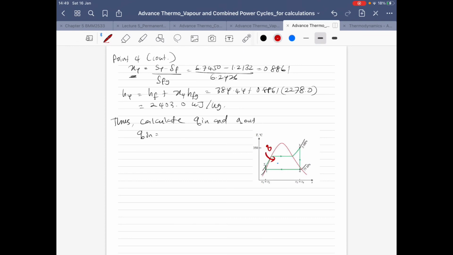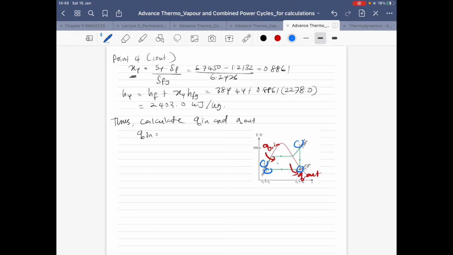Ni Q in, ingat tak? Maksud apa Q in ni? Maksudnya dia bagi temperature kepada substance. Q out pula kat mana? Q out dekat sini, kan? Masa bila Q out ni, masa dia condenser tu kerja dia. So apakah yang terlibat pada point 2 dengan point 3 untuk Q in? Pada Q out, apa yang terlibat? Point 4 dengan point 1.